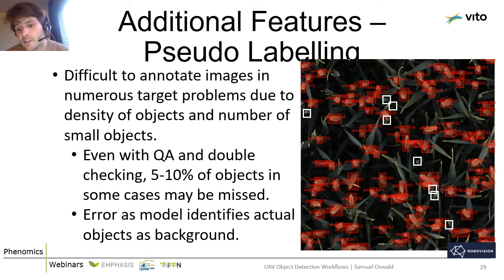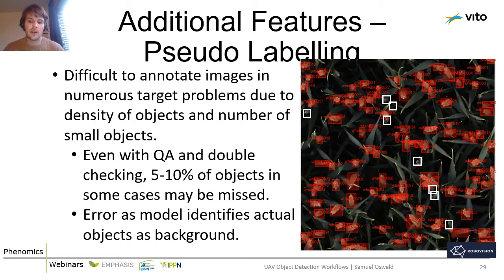And there are other features we work on which can be quite specific to the phenotyping object detection use case. One such feature is pseudo labeling. We do this because, especially if you look at things like wheathead detection, it can be very difficult to annotate these images.